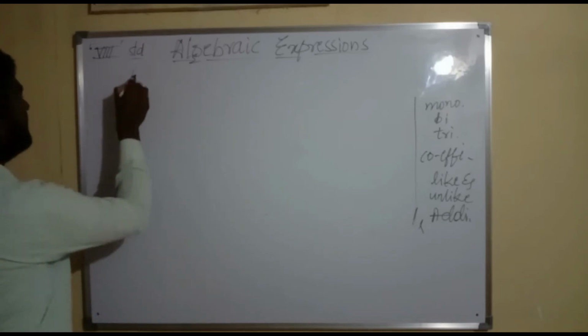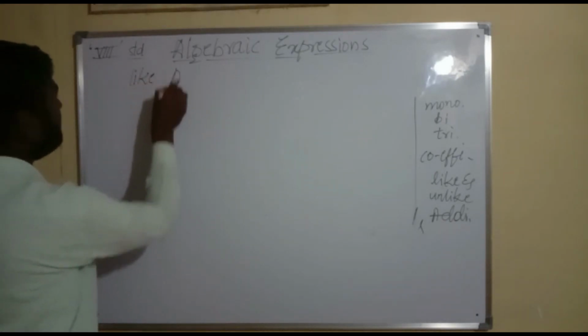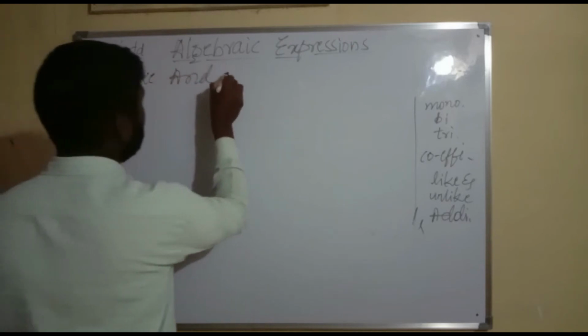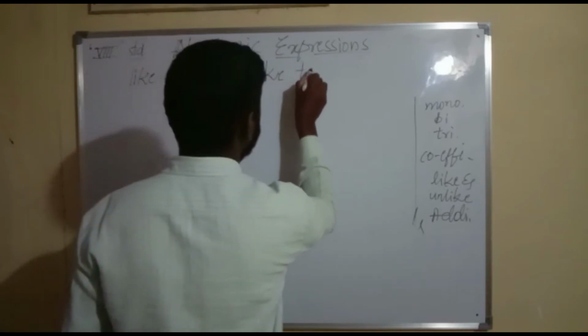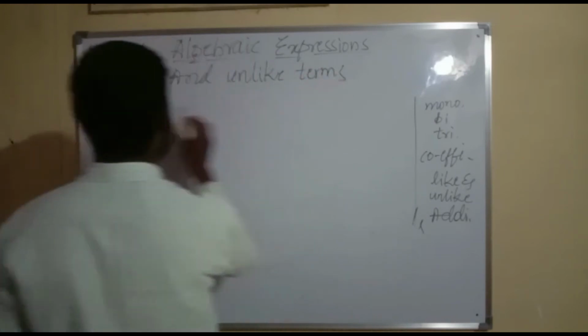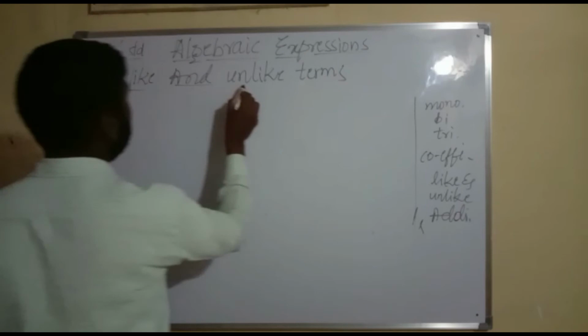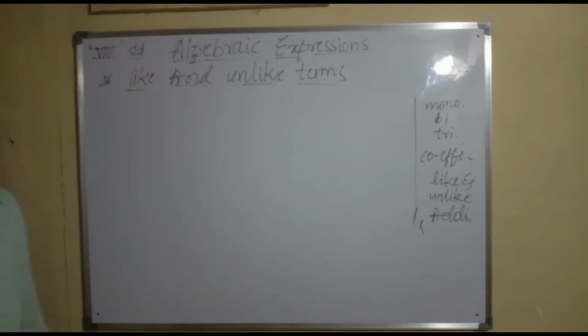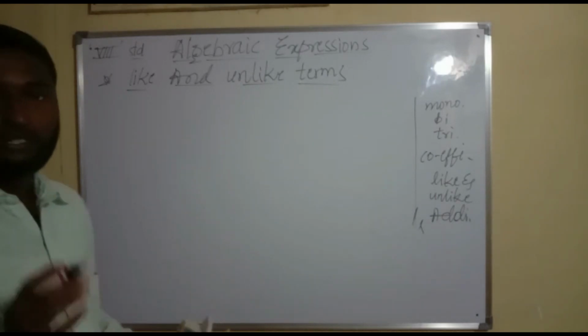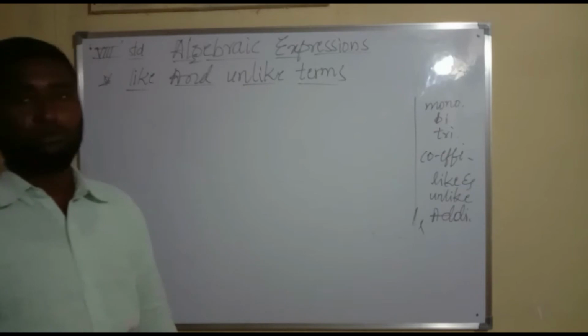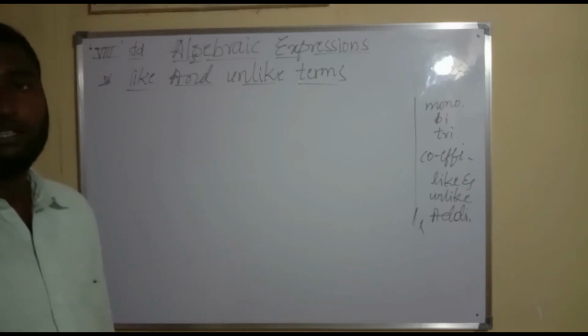Like and unlike terms. For like terms there is a condition: the variable should be the same with the same exponent. Such terms are called like terms.